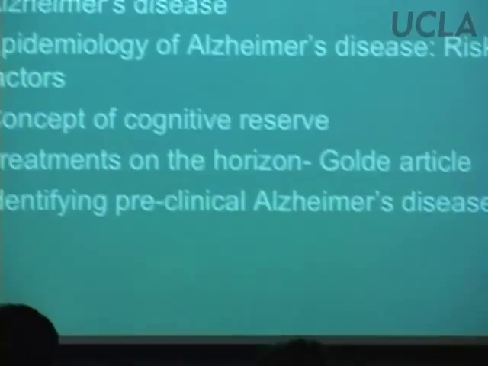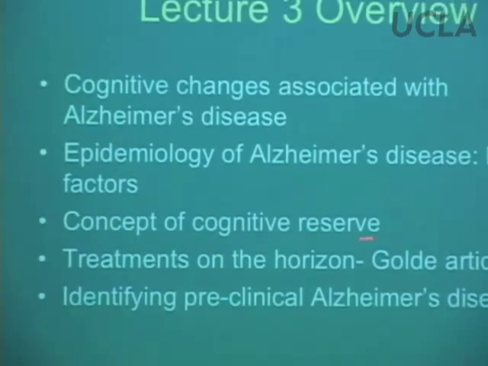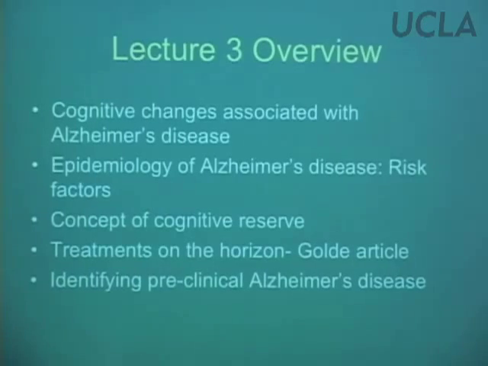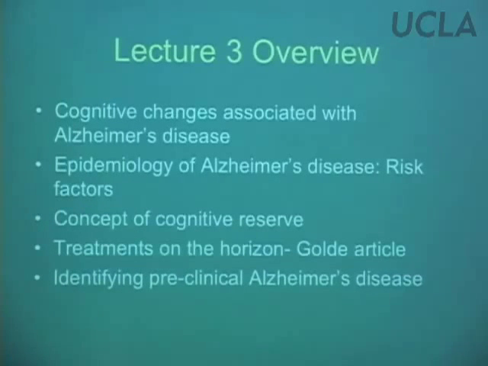So just to give you a little overview of what I wanted to talk about today, talk about some of the cognitive changes associated with Alzheimer's disease, and then talk about the epidemiology, so some of the risk factors for Alzheimer's disease that we understand now, and this concept of cognitive reserve, which is kind of what we'll be testing with the behavioral data that you collected this week.